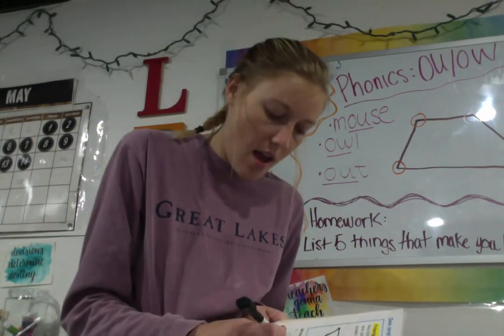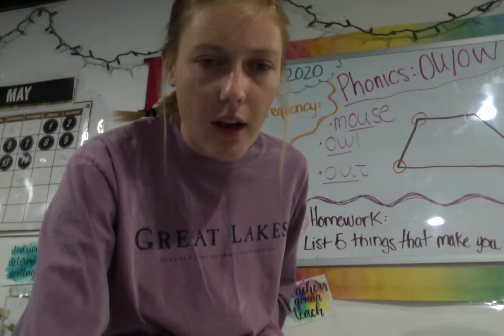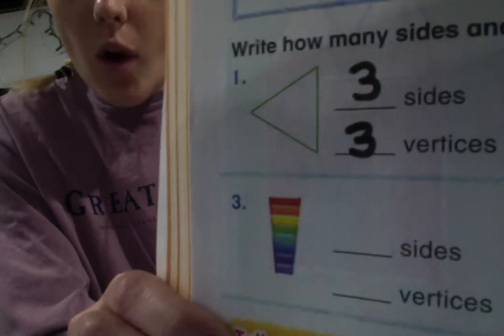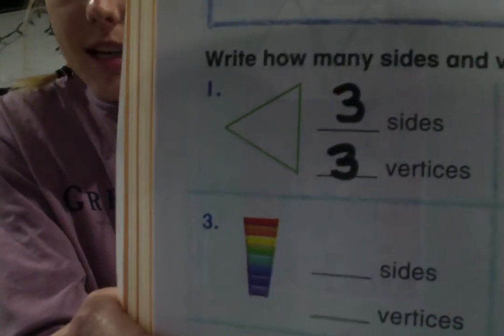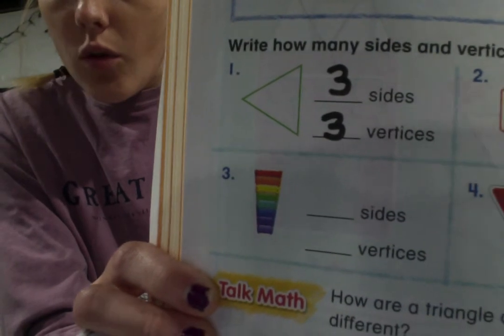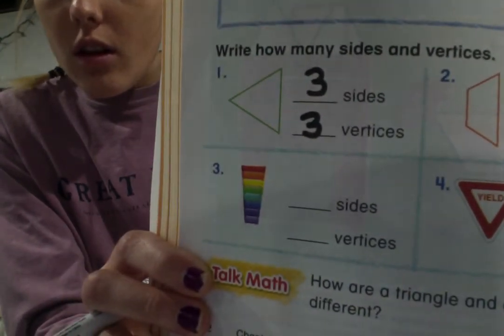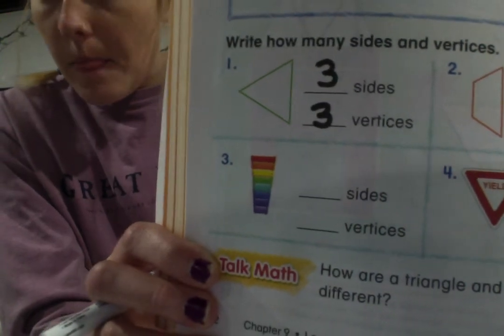So 3 and 3. So for number 1, you're going to write 3 twice. It has 3 sides and 3 corners.